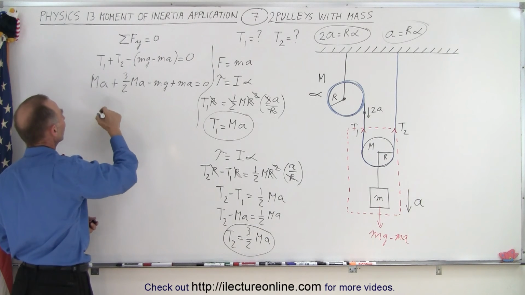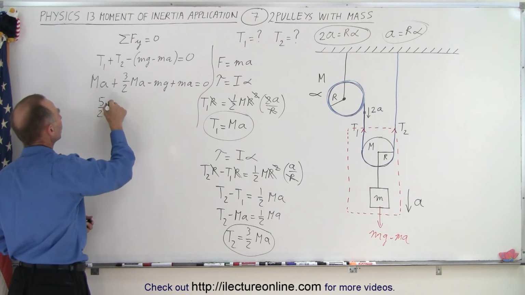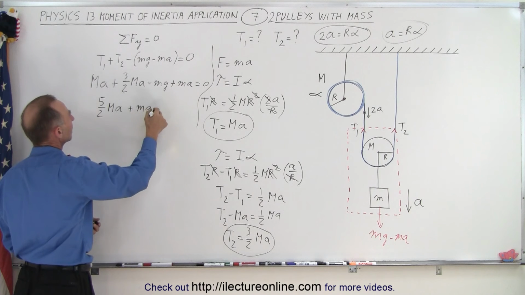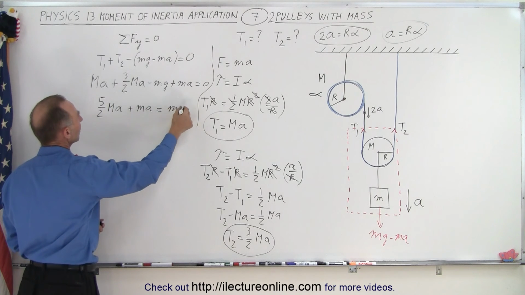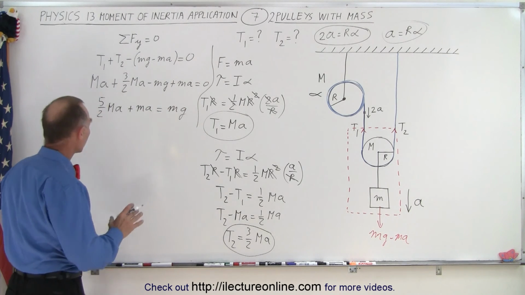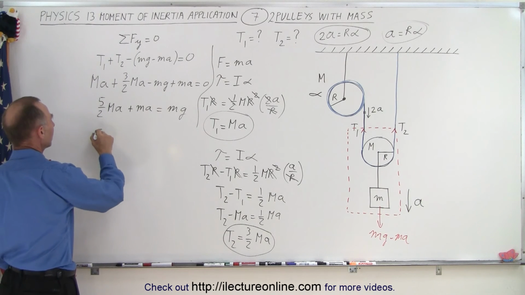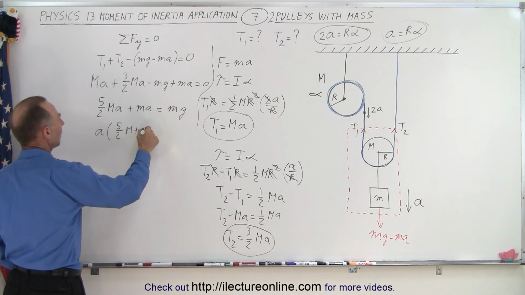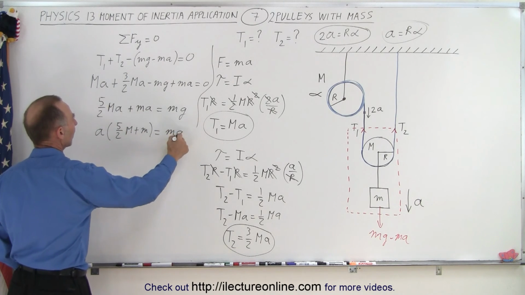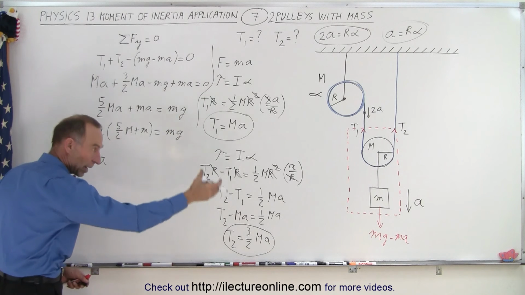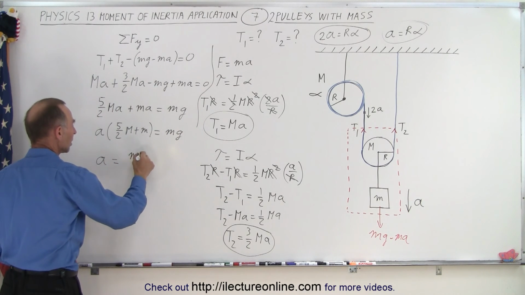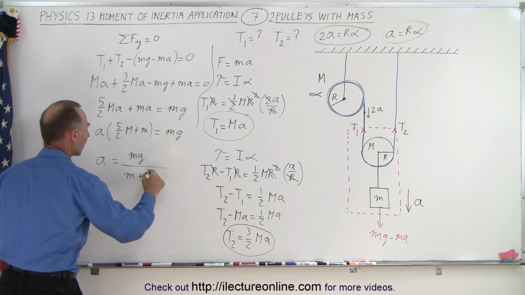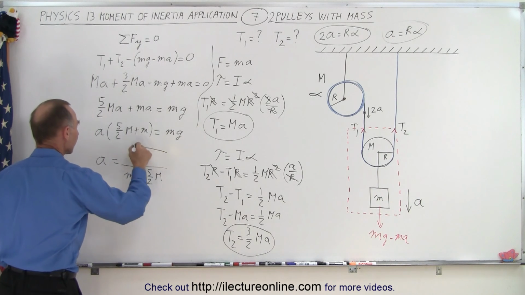That would be 5 over 2 MA, plus ma is equal to mg. So now if we factor out an A, we end up with A times 5 over 2 m plus m equals mg. So finally I can write that the acceleration of the bottom mass is equal to mg divided by m plus 5 over 2 m.